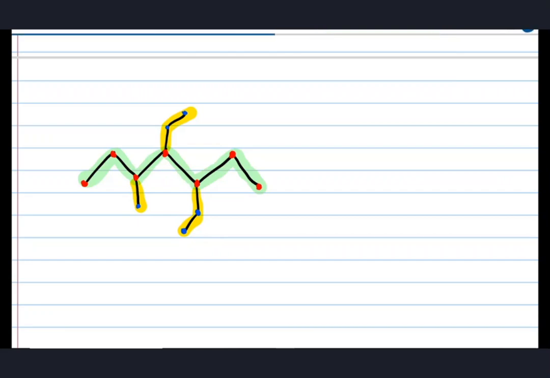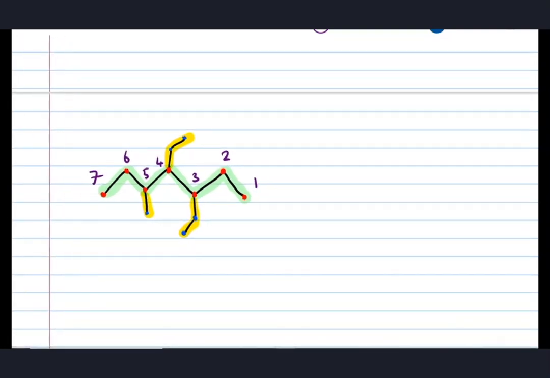So we're going to start numbering the carbons in the longest chain, and we can start at either end. I'm going to start at this end, and I'm numbering in purple. We're going 1, 2, 3, 4, 5, 6, 7. Okay, so our side branches with the purple pen would be on carbon 3, 4, and 5.